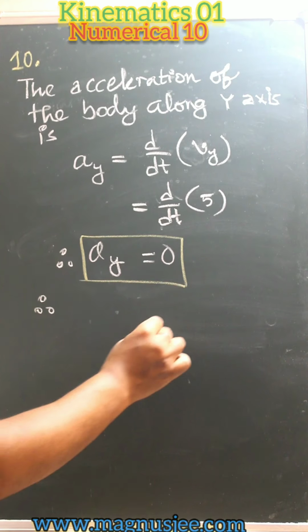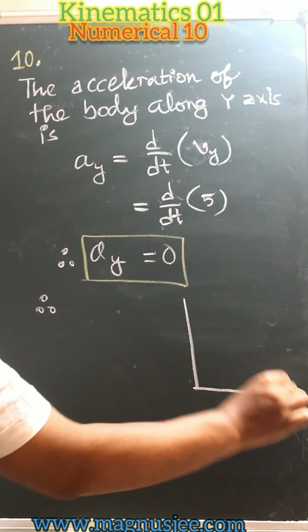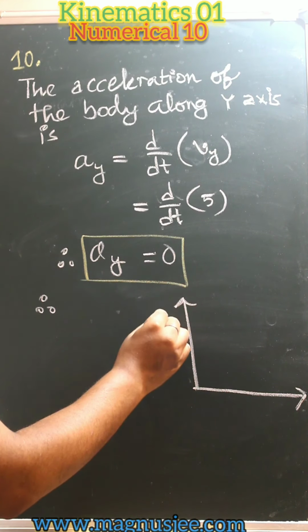Therefore, if we draw a diagram, this is the y-axis and this is the x-axis. This length is ay, the acceleration of the body along y-axis, and this length is ax, the acceleration of the body along x-axis.